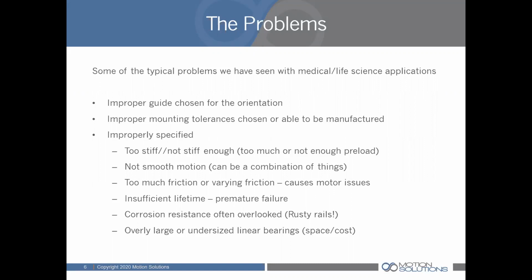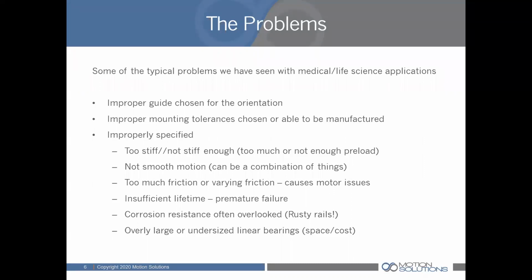As we'll talk about shortly, lateral loads are not necessarily good for a two-row bearing, and it resulted in premature failure of the linear guide.